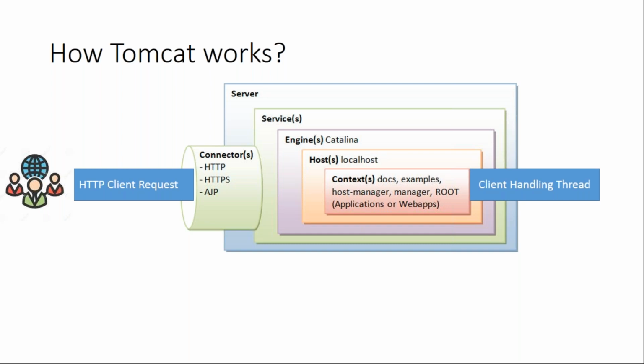Why is it creating threads here? A thread interacts with the CPU. Whenever you want to do some calculation, it goes to the CPU processor. Catalina uses the thread to use the CPU processor for Tomcat, and it allocates a particular CPU cycle.